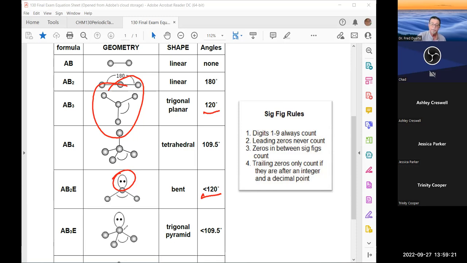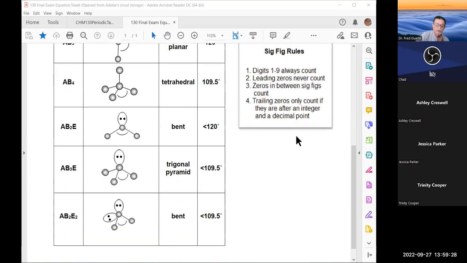And if we have more than 1 lone pair, that bond angle gets even smaller. And so if we look at something like this, with 2 lone pairs, a classic example of this species is H2O. We're going to go through all this. And we call that configuration bent. And that bond angle is much less than 109.5. That's our reference point, 109.5. And then when we have lone pairs, those bond angles shrink, okay?